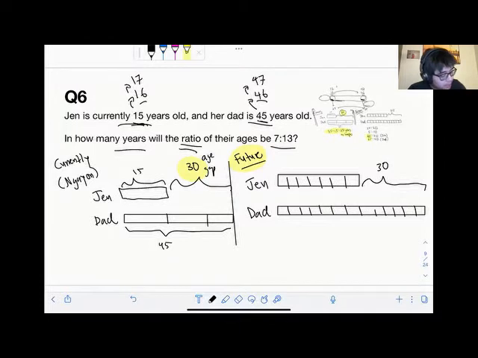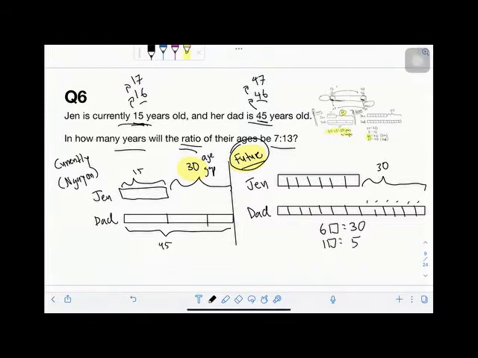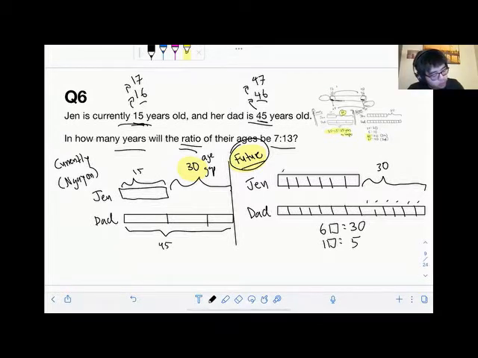At ngayon, masasabi na natin na kung titinang na natin yung future, 1, 2, 3, 4, 5, 6 boxes is 30. Ibig sabihin, 1 box is 5. At yung age ni Jen sa future, 1, 2, 3, 4, 5, 6, 7. 7 boxes times 5, 35.